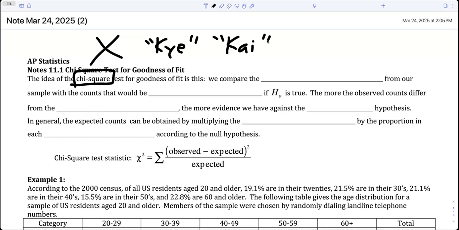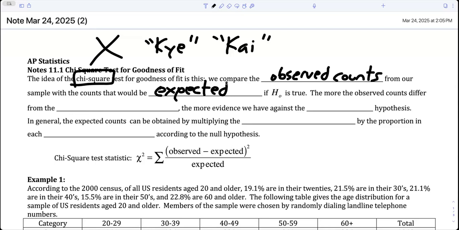So the idea of a chi-squared test for goodness of fit is this. We compare the observed counts from our sample with the counts that would be expected if H naught is true.